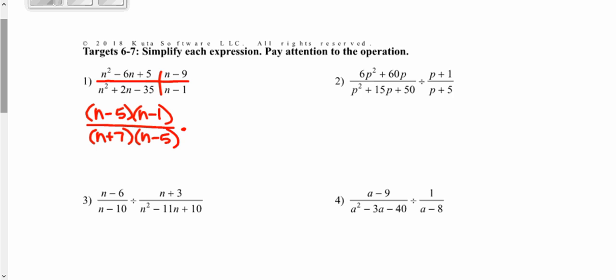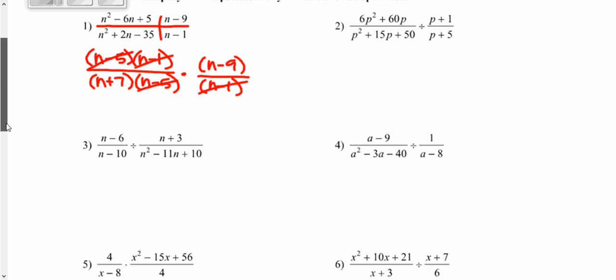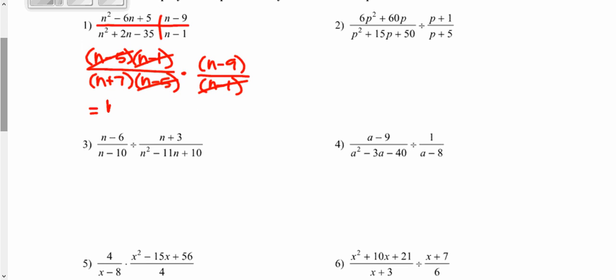In the second fraction, we can't factor anything. There's no greatest common factor. They're not quadratic, so I'm going to leave it the same. And then we cancel out things that are the same on the top and the bottom. So n-1 cancels out, n-5 cancels out, and we are left with our final answer, which would be n-9 over n plus 7.